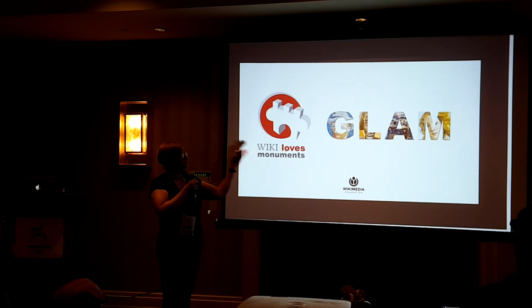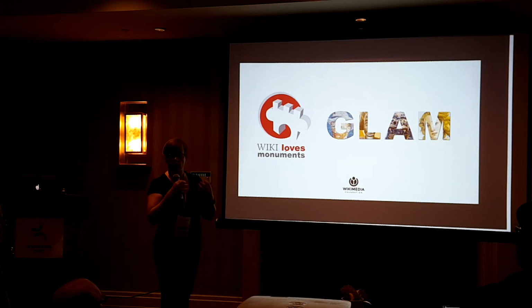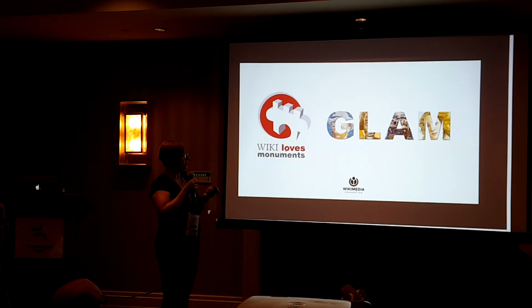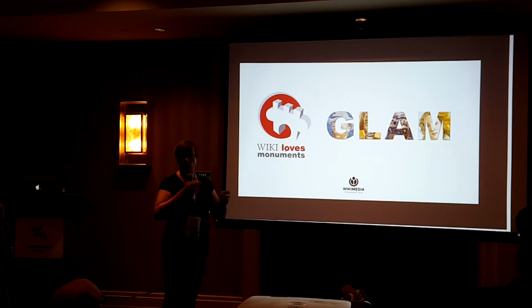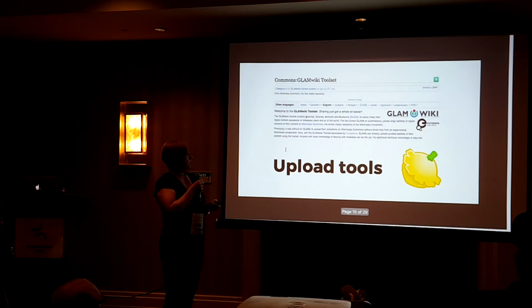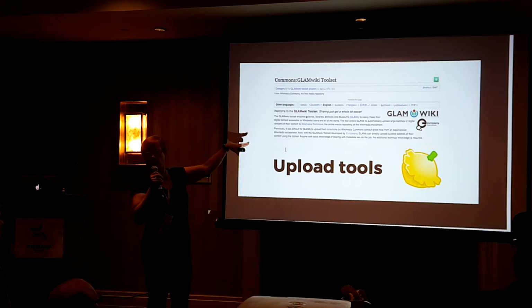We've had many examples of projects, also community-led projects, where there was a very strong wish to integrate structure. Wiki Loves Monuments has a huge database behind it. GLAM projects, of course, work with institutions that themselves work with databases. So we have upload tools that also try to integrate some kind of structure. I don't know if some of you have ever used the GLAMwiki Toolset.